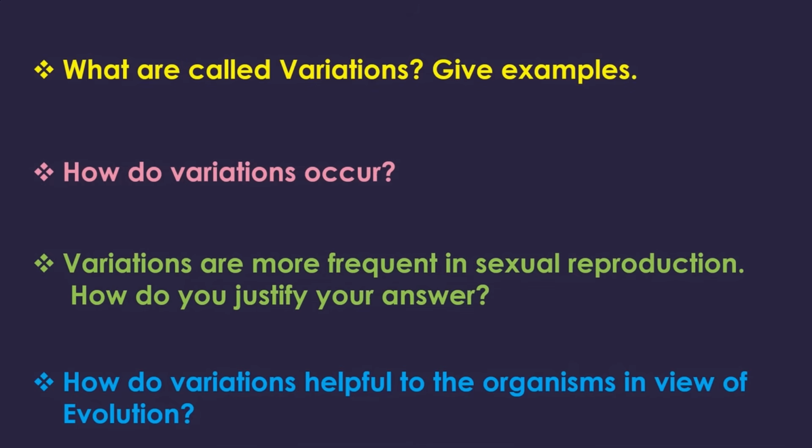How are variations helpful to organisms in the view of evolution? Let us discuss these questions in the next period, get the answers through discussion, and encourage the students to write their own answers in the notebook in 2 or 3 lines.